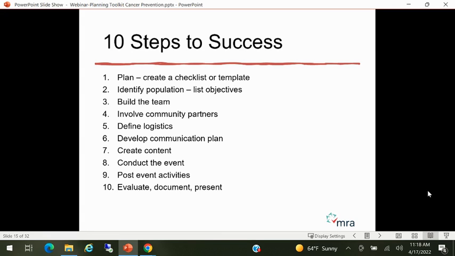And then this is followed by step 9, post-event activities, and final step 10, evaluate, document, and present to cancer committee. So let's dive into these in more detail.